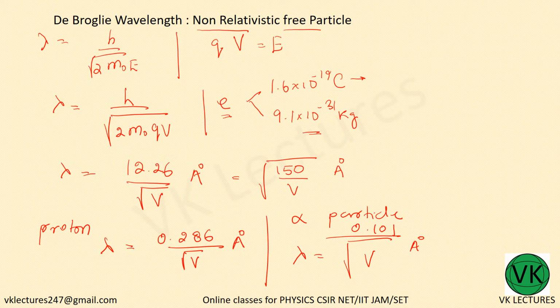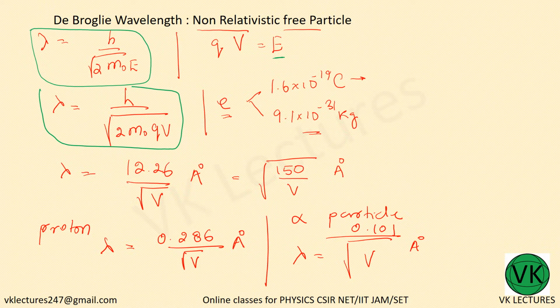So what are the things to remember? The de Broglie wavelength is given by this formula. For a charged particle, E is equal to QV. So lambda equal to h over root 2 m naught QV. This is the general formula. And from this we have taken, if the charged particle is an electron, then we get lambda electron for this equation.